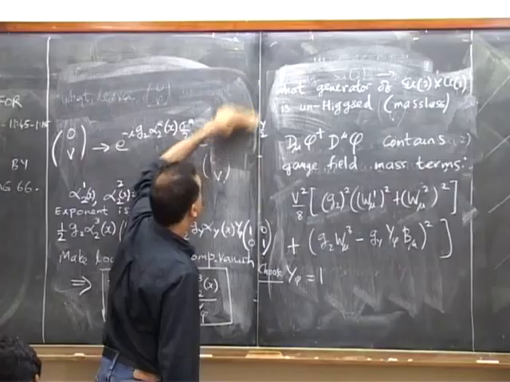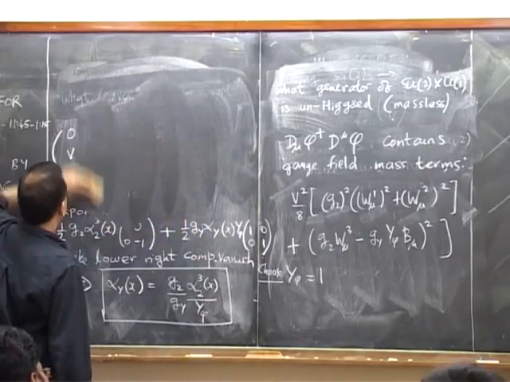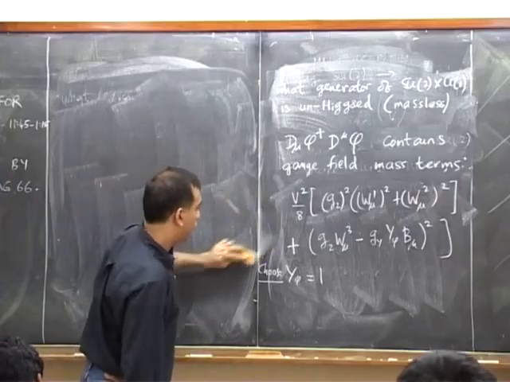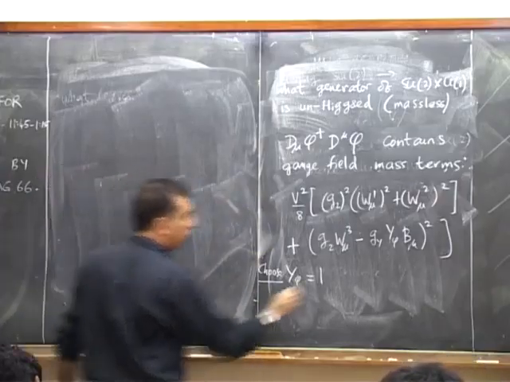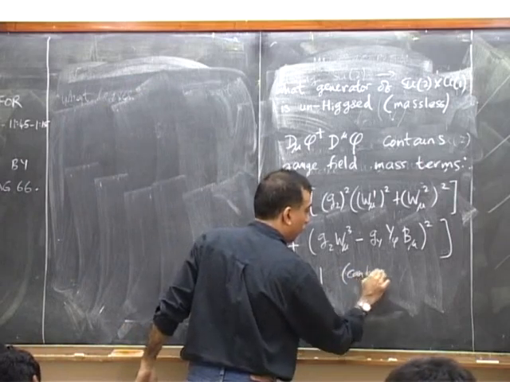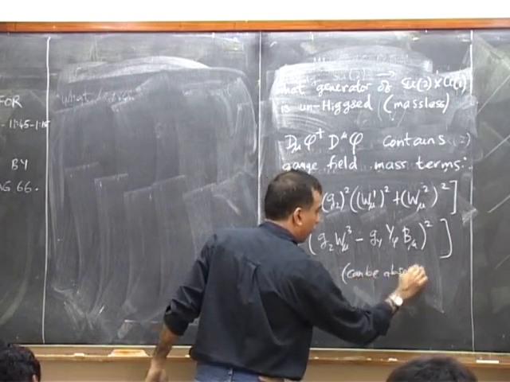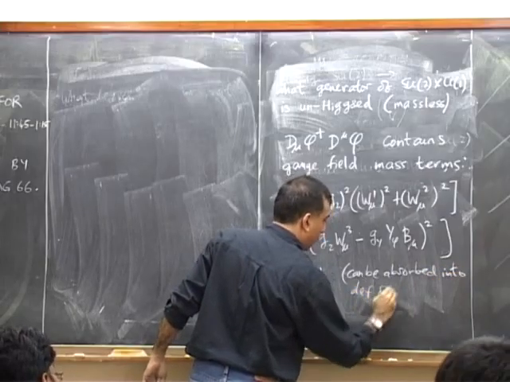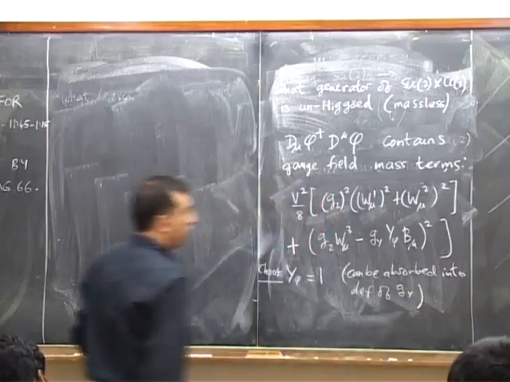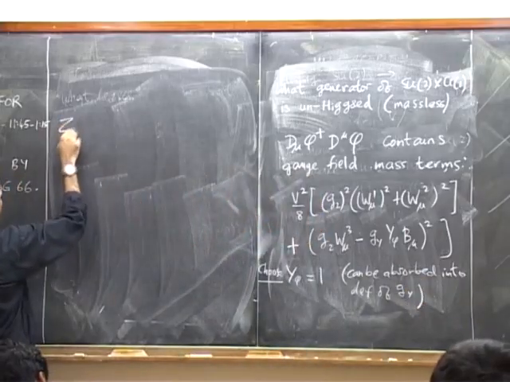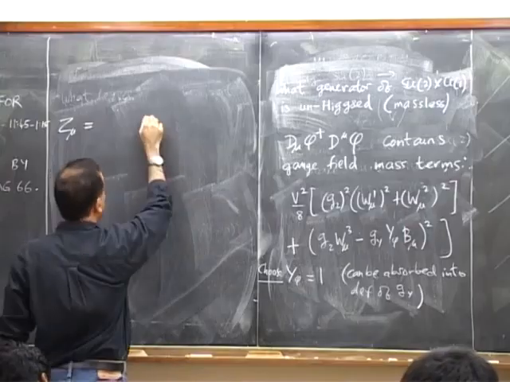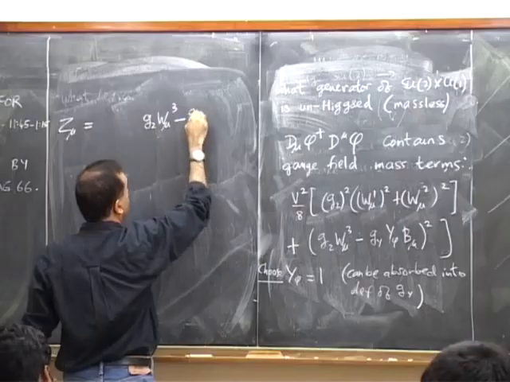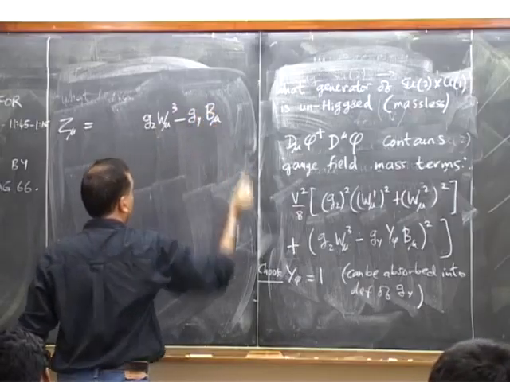And now we're almost finished. To understand those combinations, we write Z_mu equal to g2 W_mu^3 minus g_Y B_mu.